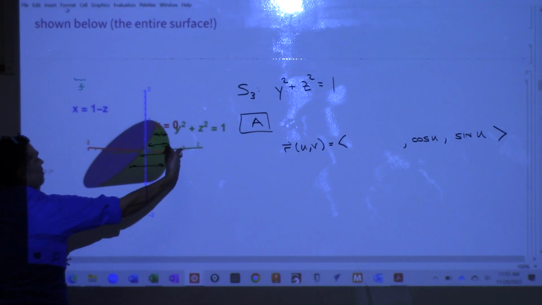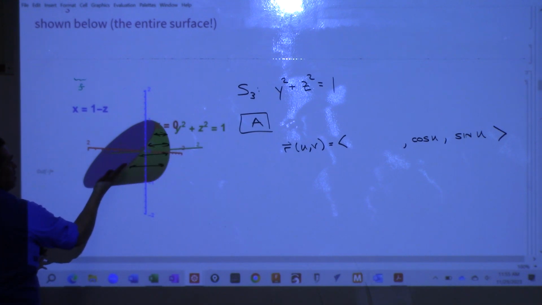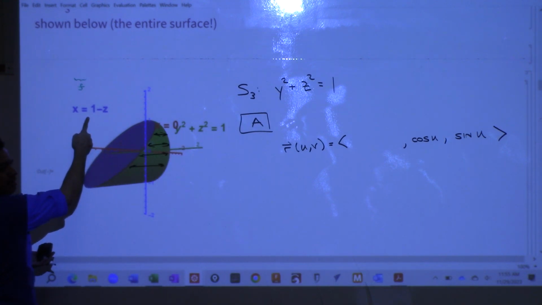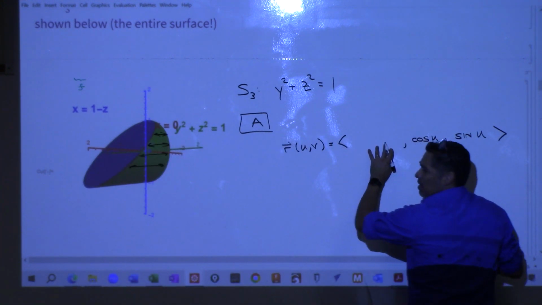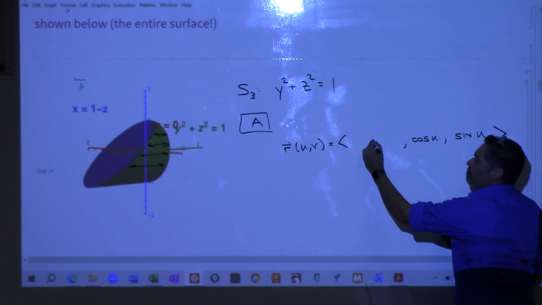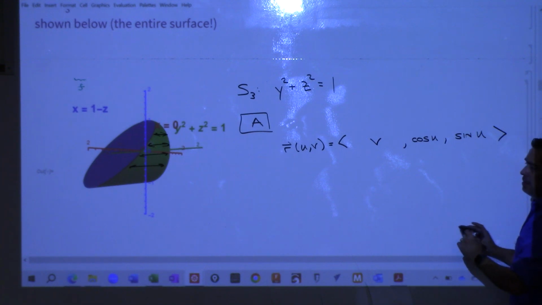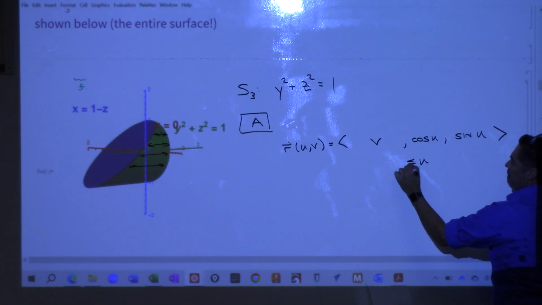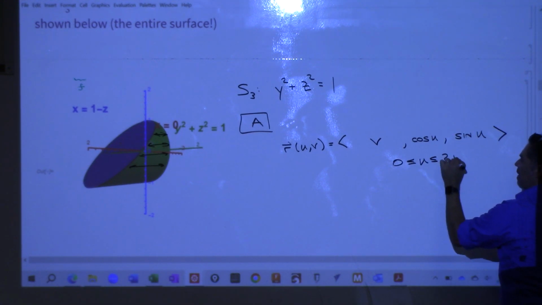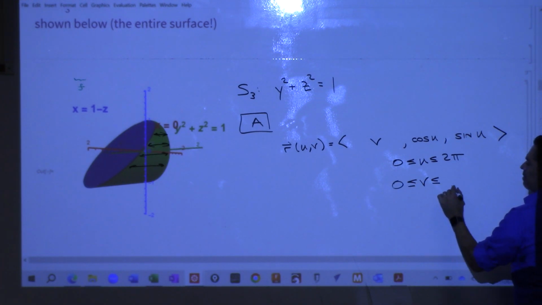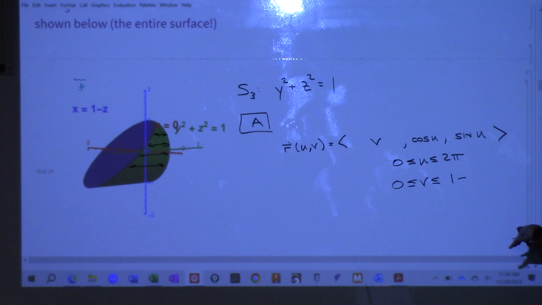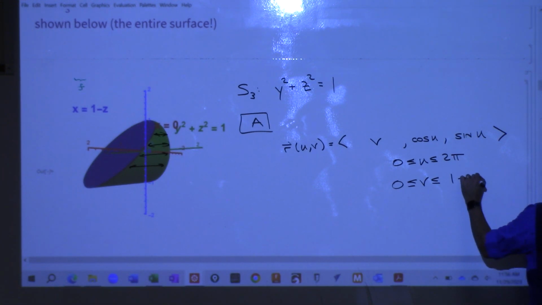That back side, what's the back side? X is 0, and the front side is that, right? So I'm going to let my X component be V. My U will be between 0 and 2 pi, and my V will be between 0 and 1 minus Z, but Z is sine U.